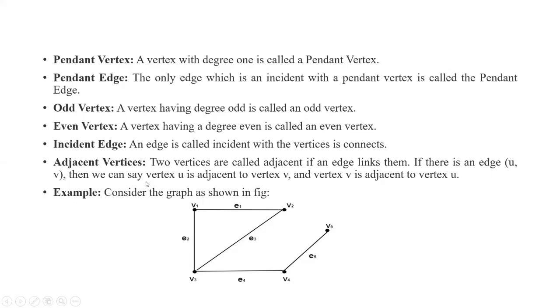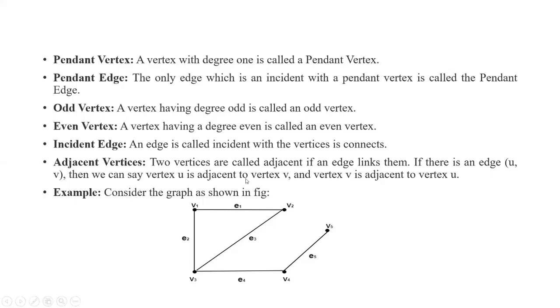Incident edge: an edge is called incident with the vertex it connects. Adjacent vertices: two vertices are called adjacent if an edge links them. If there is an edge u, v, then vertex u is adjacent to vertex v and vertex v is adjacent to vertex u.